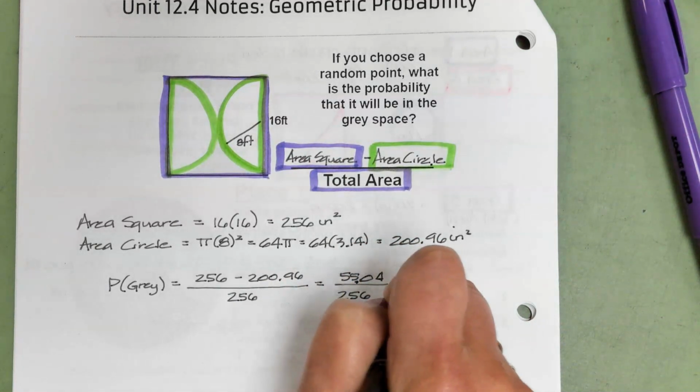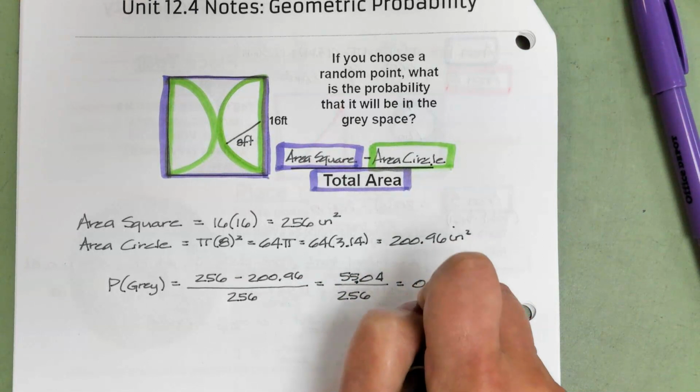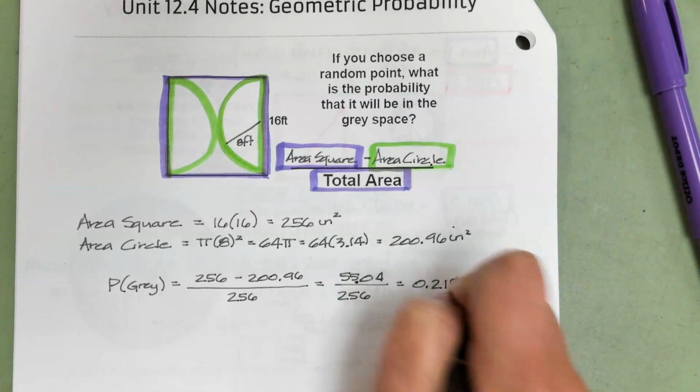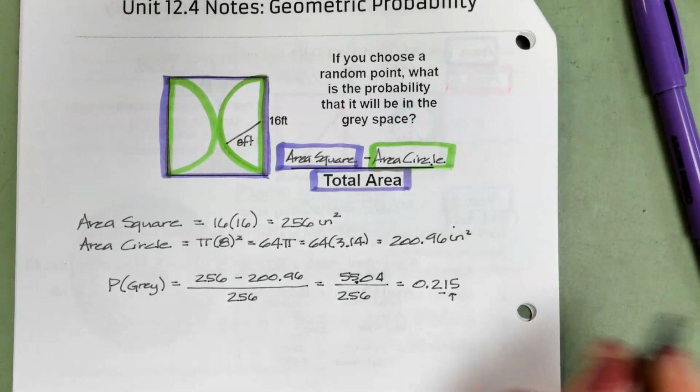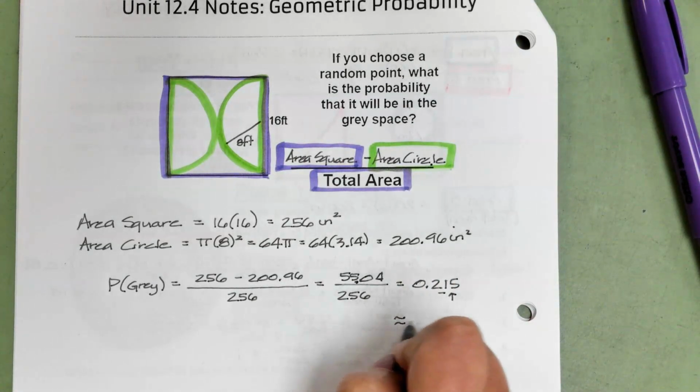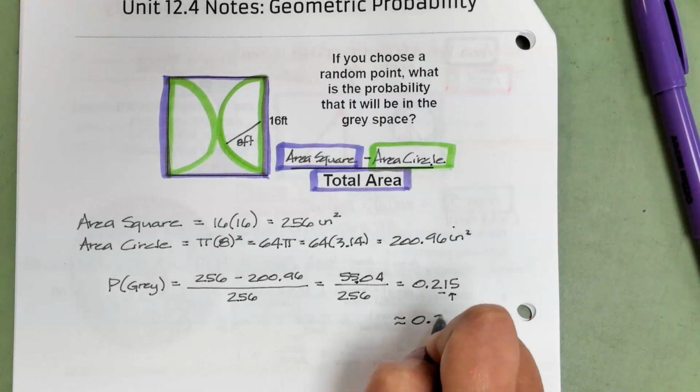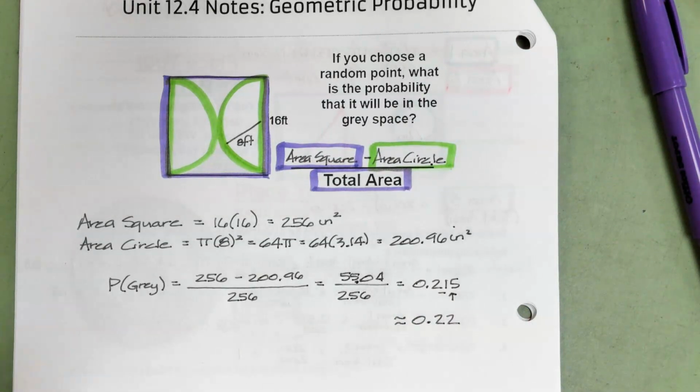This leaves you with 55.04 divided by 256, 0.215. Again, we always round to the nearest hundredth when it comes to probability. So the probability that you would hit the gray space is 0.22.